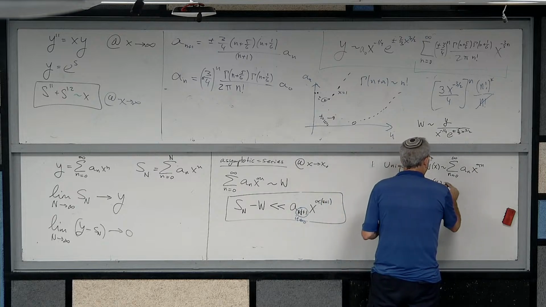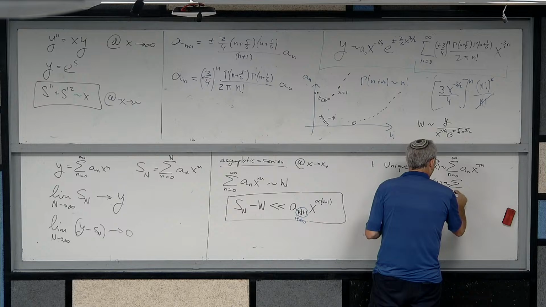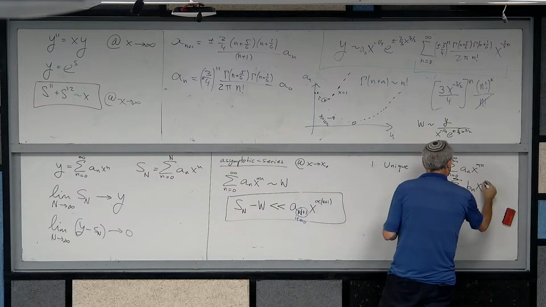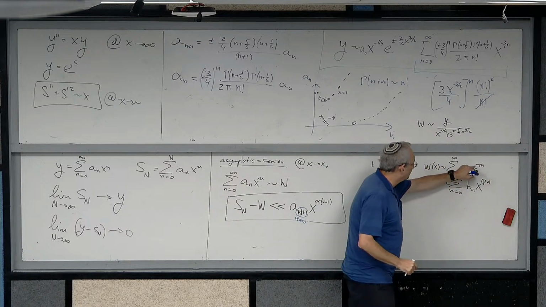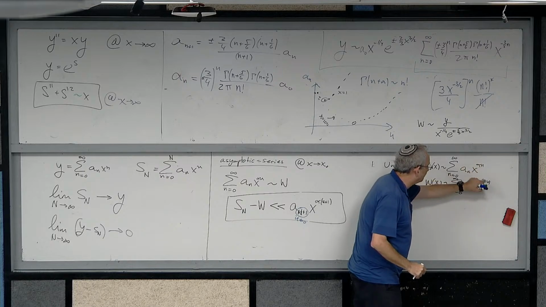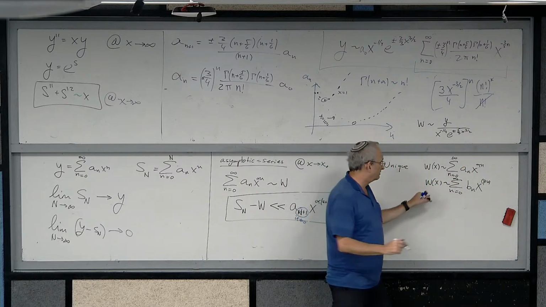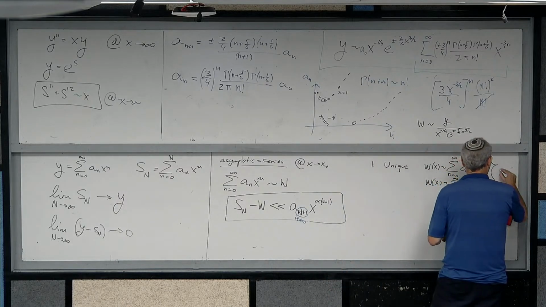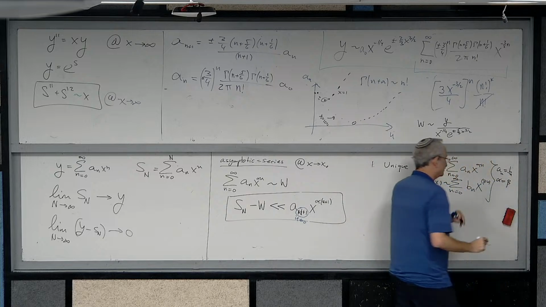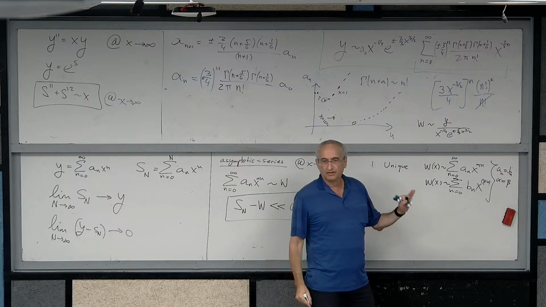If somebody tells you that it is also represented by b_n x to the beta n, then b must be equal to a, and alpha must be equal to beta. That's uniqueness.